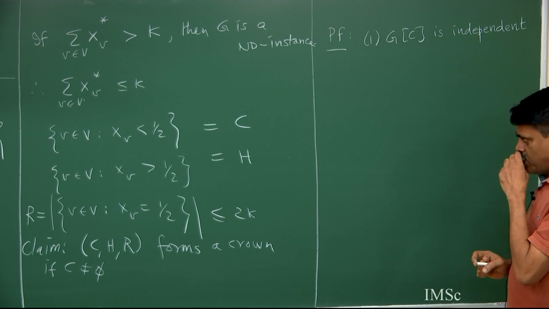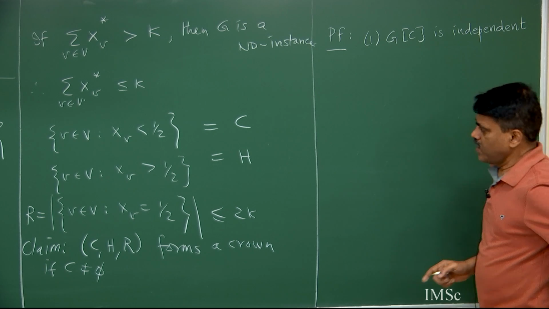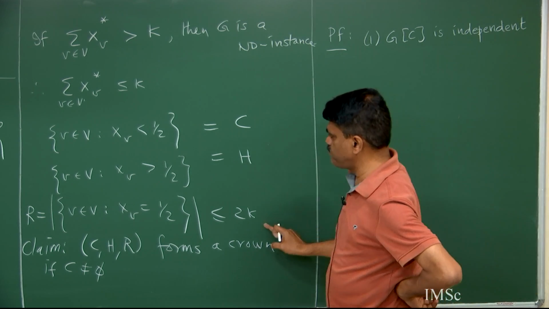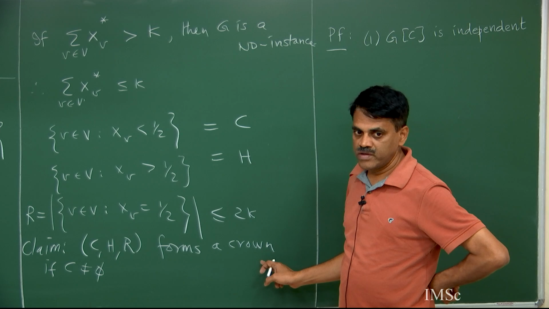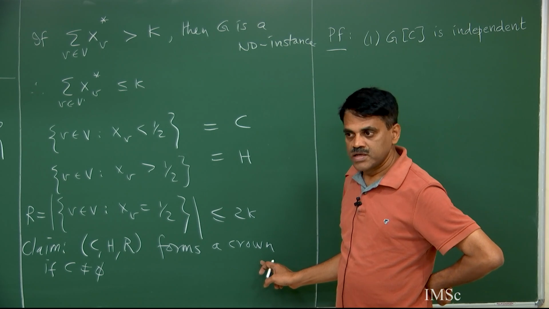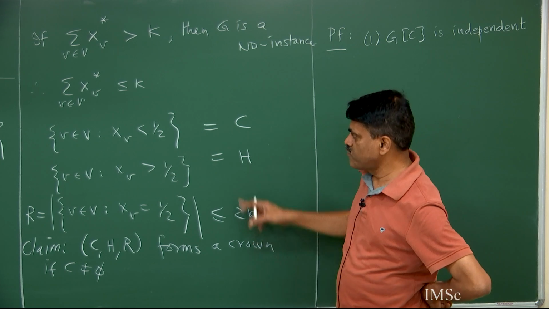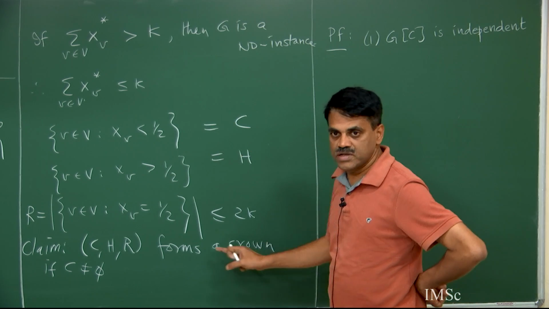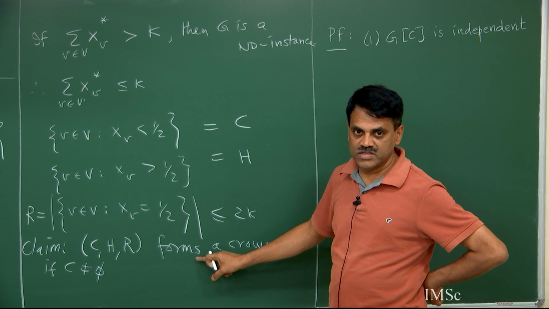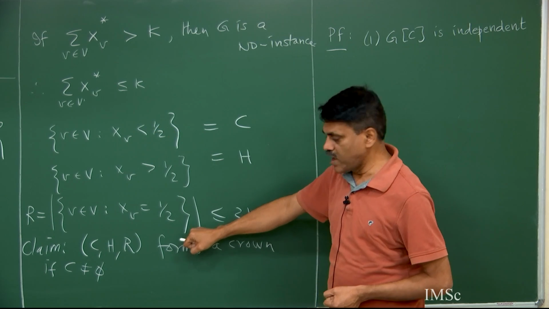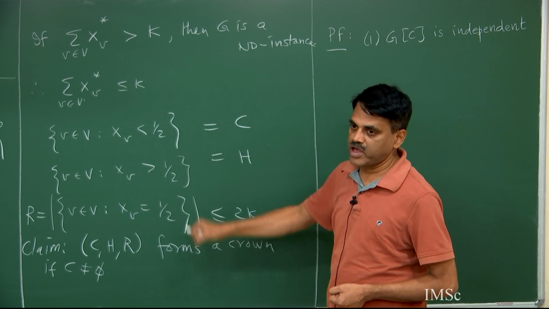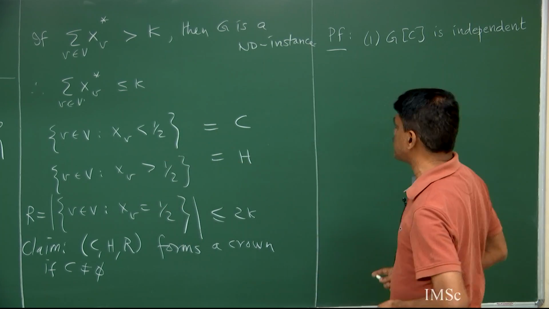Good. What are the other properties? There is no edge between C and R. Is that clear? Why? Same reason, right? If there is an edge between one vertex in C and another vertex in R, this guy's value is less than half, the other guy's value is equal to half, they don't add up to at least 1.